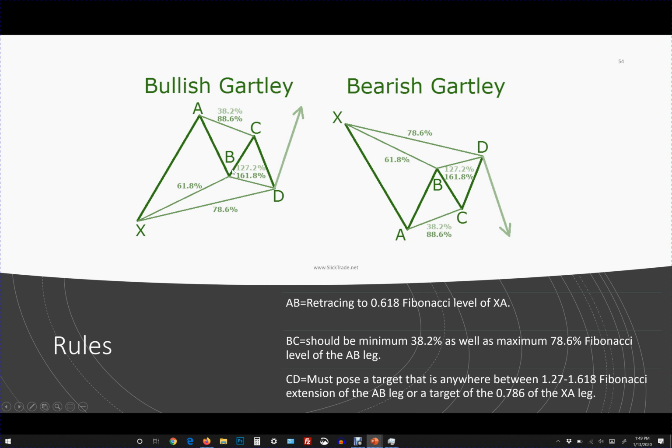BC. Remember, B is the eye of the pattern. BC should be a minimum of 38.2% to a maximum of 78.6% of the AB leg.